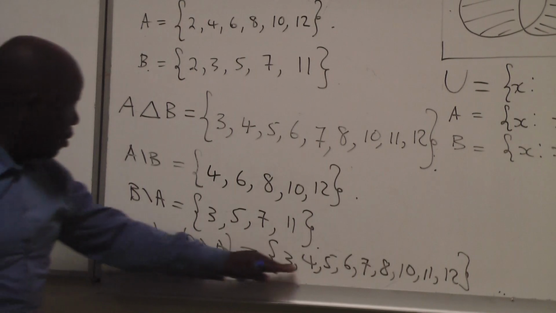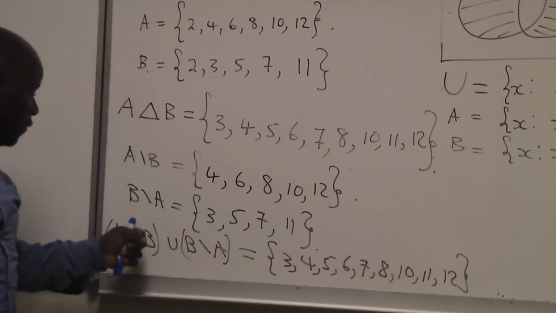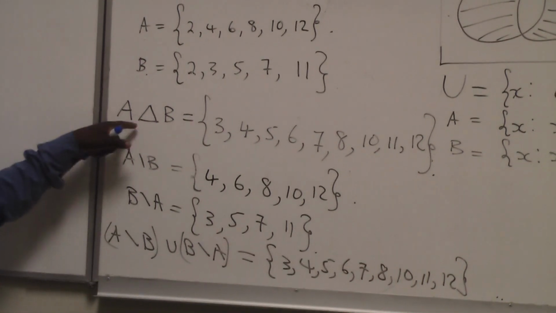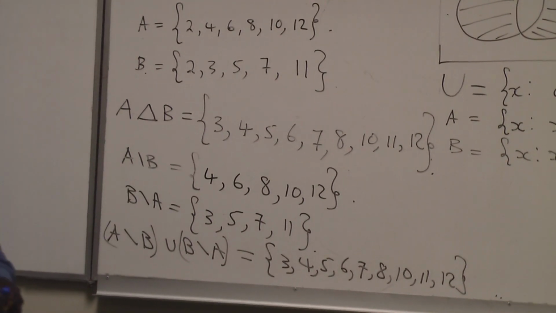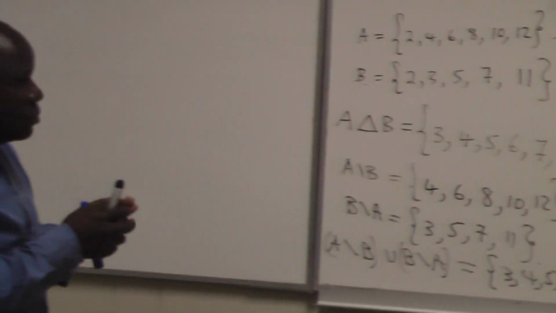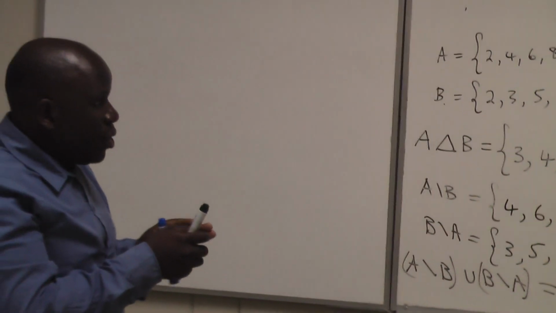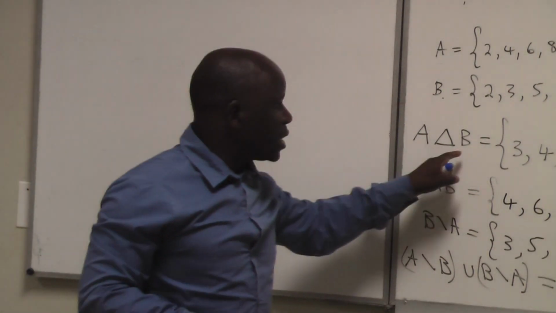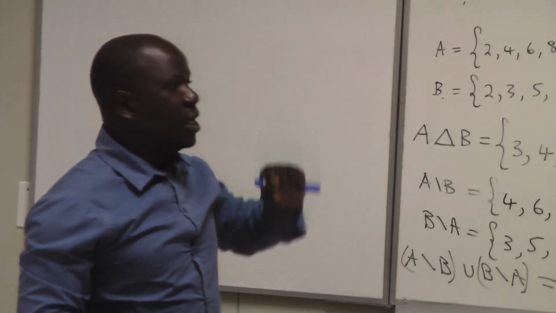And if you check properly, A difference B union B difference A, that is exactly what we got as A symmetric difference B. Now, if you are to go and produce a Venn diagram using the information given, you would realize that A symmetric difference B will be the shaded region.